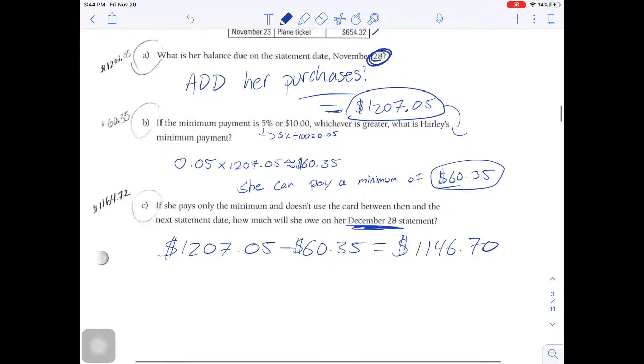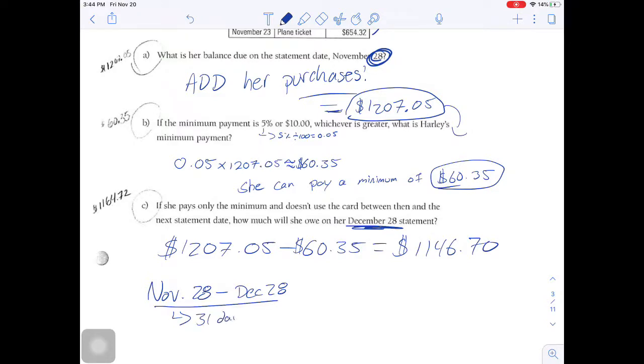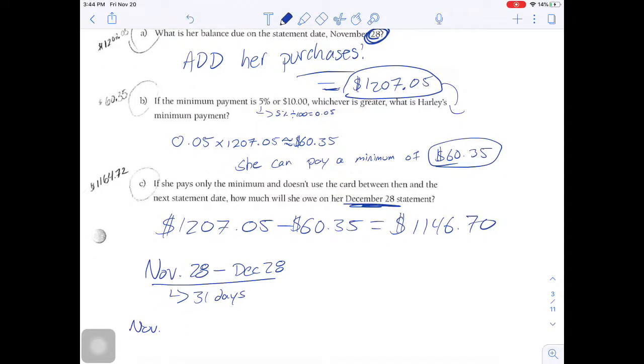Okay, so to get from November 28th to December 28th, you have to think about how many days that is. The amount of days is 31 days. Okay, because November, how many days does that have? Well, that actually has 30 days.